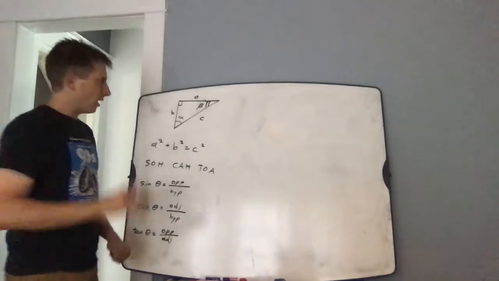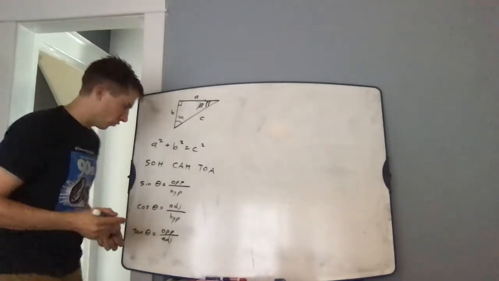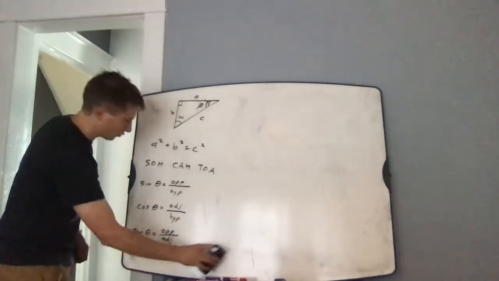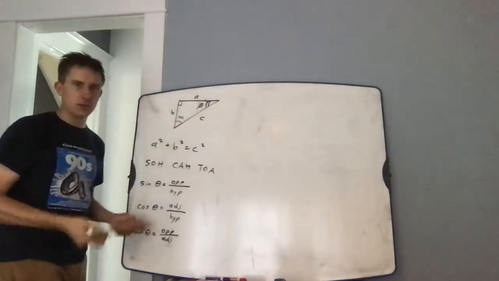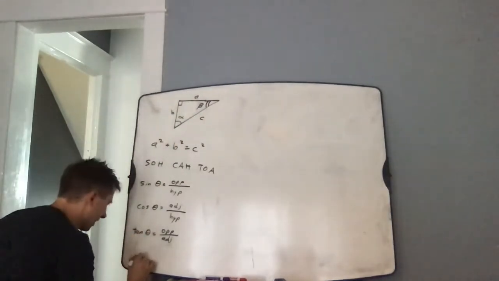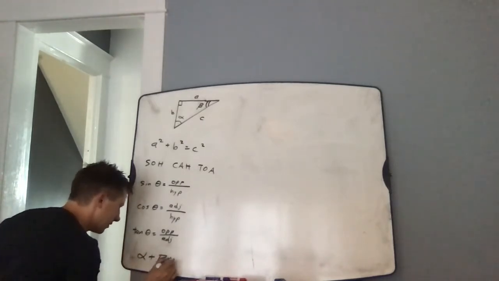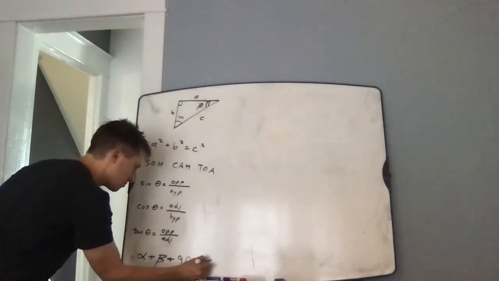You also are dealing with a triangle, and the angles of a triangle should add up to 180 degrees. So specifically, the way I drew this picture, my angles are alpha, beta, and a right angle, 90 degrees. So I could say alpha plus beta plus 90 equals 180.